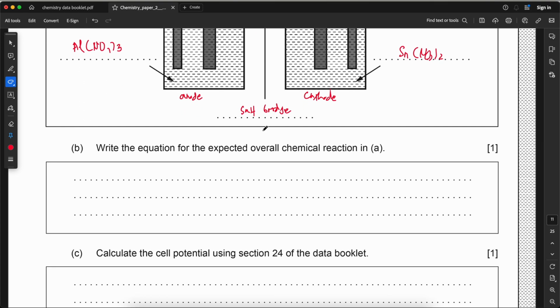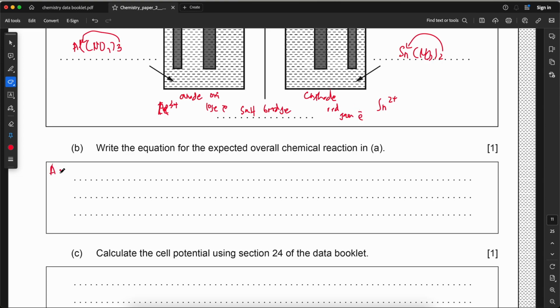Write the equation for the expected overall chemical reaction. So at the anode you've got Al, and here we've got Sn2+ because this belongs to Sn, and Al3+. The anode experiences oxidation, losing electrons. The cathode experiences reduction, gaining electrons.